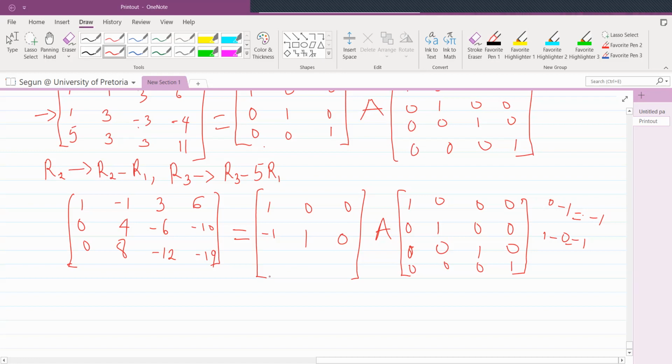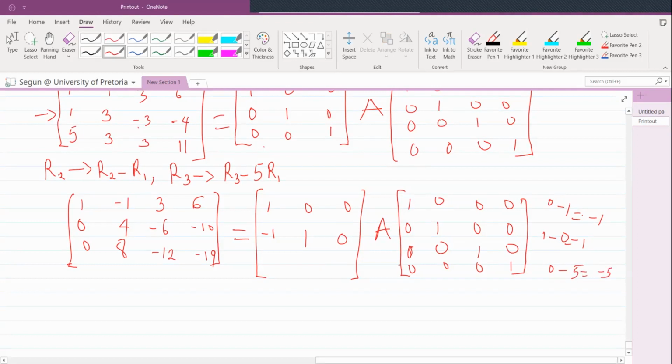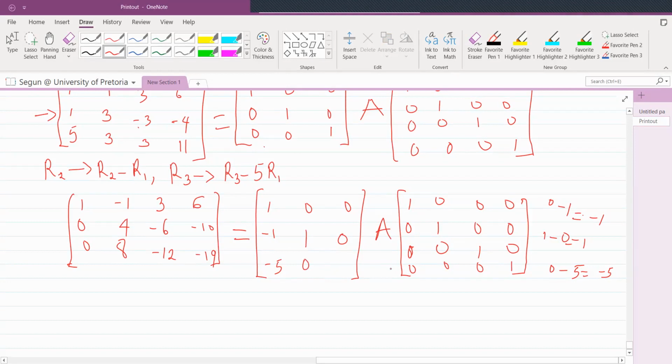Then R3 minus 5R1: 0 minus 5 times 1 will be minus 5. Then 0 minus 0, 0.